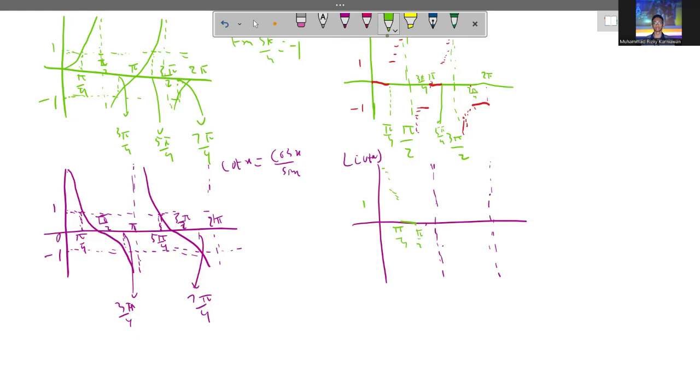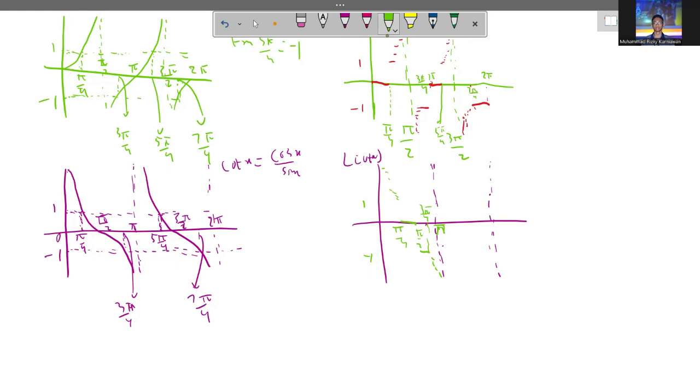And then from pi over 2 to 3 pi over 4, it becomes negative 1. So this is 3 pi over 4. And then from 3 pi over 4 to pi, it's chaotic again.